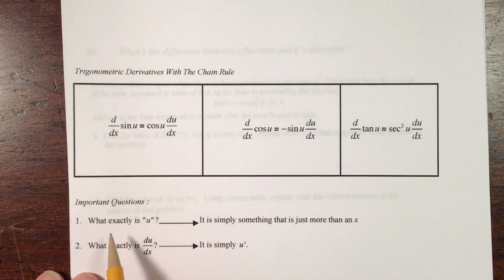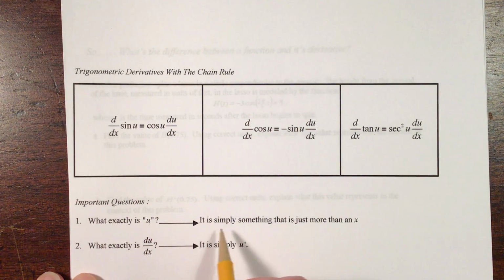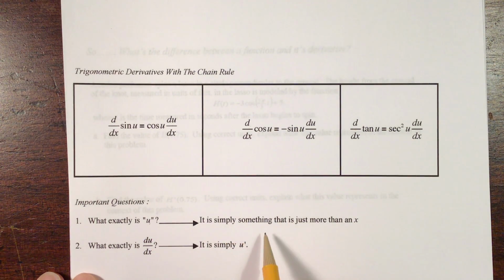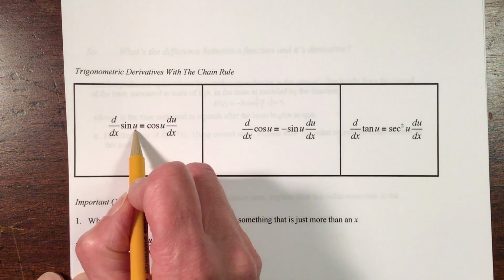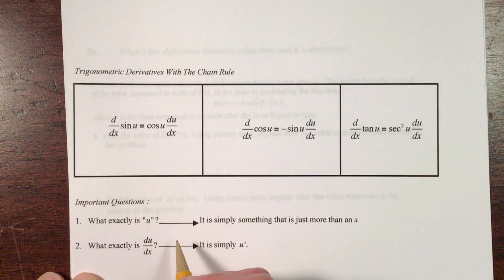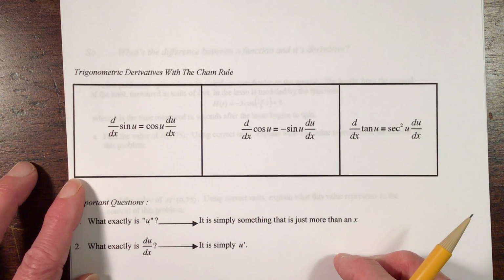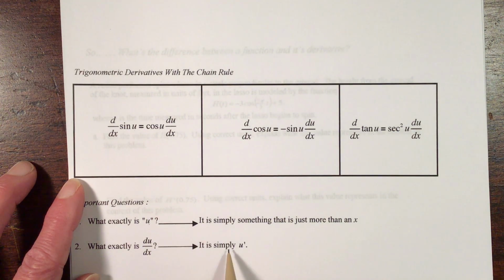Okay. So what is u? U is just a way of saying something more than x. So this just means instead of just having an x in my expression, I might have something a little more complicated. So it's going to complicate the derivative process. Du dx is just another way to say u prime.